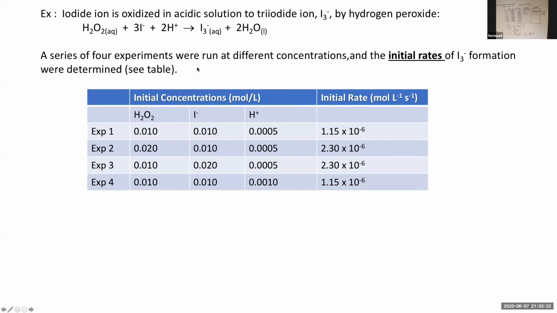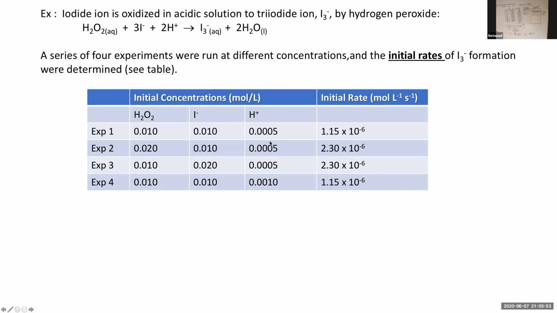In this reaction, here's a different table of data. We have 4 experiments with initial concentrations of the reactants: hydrogen peroxide, iodide, and hydrogen ion.